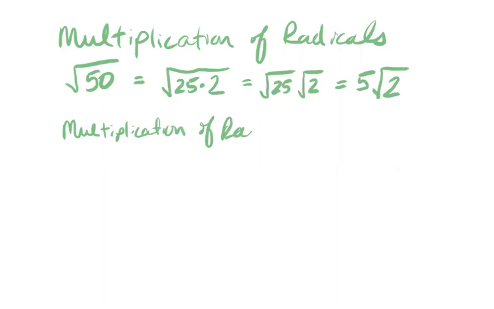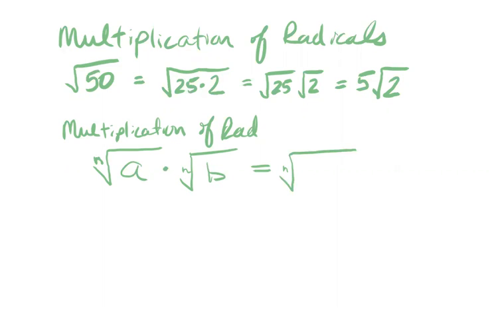Multiplication of radicals. We'll say the nth root, because this makes it more general. The nth root of a times the nth root of b can be written out under one radical, the nth root of a times b.